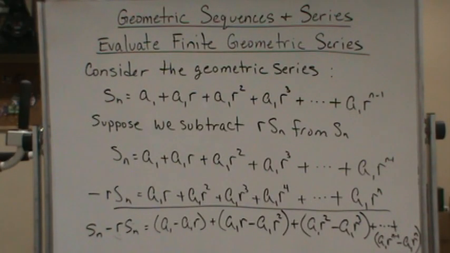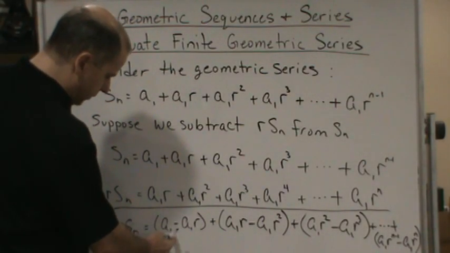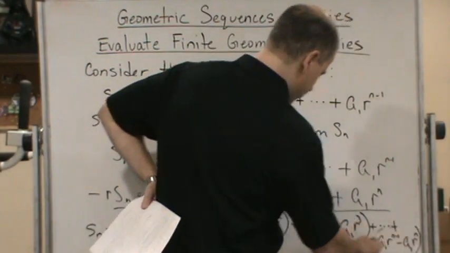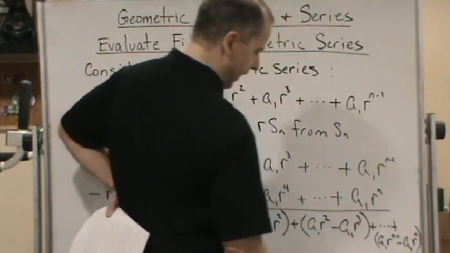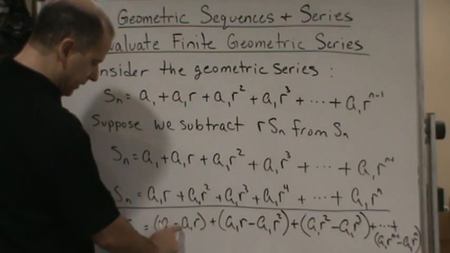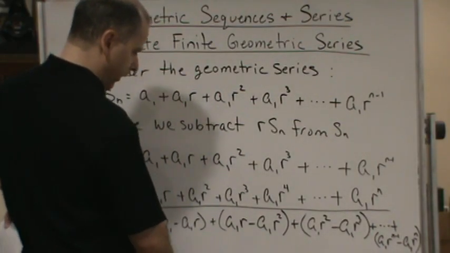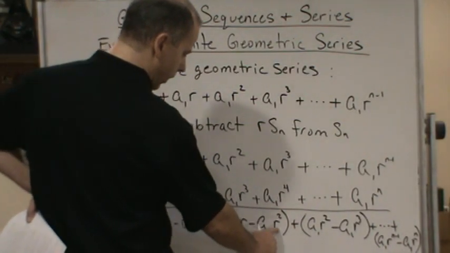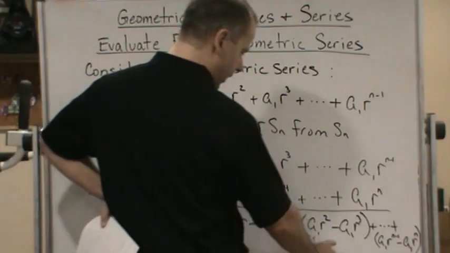All right, now this is where the magic happens. If you notice, everything in between a sub 1 and a sub 1 times r to the nth power is the same, but with opposite signs. You've got a minus a1 r here and a plus a1 r here. You've got a minus a1 r squared here, plus an a1 r squared here, and it keeps going.